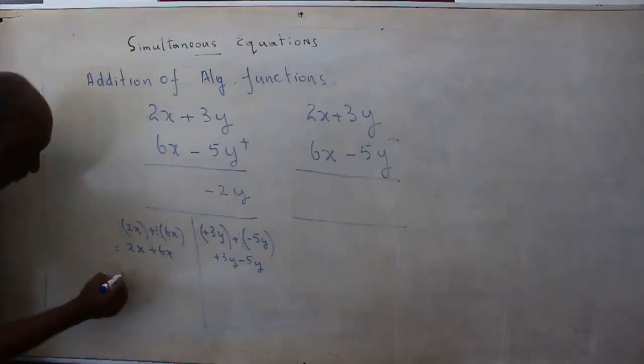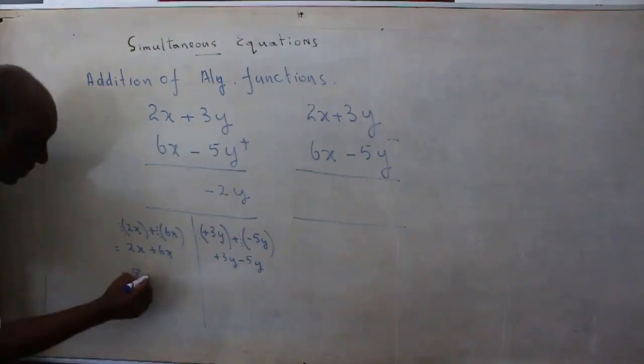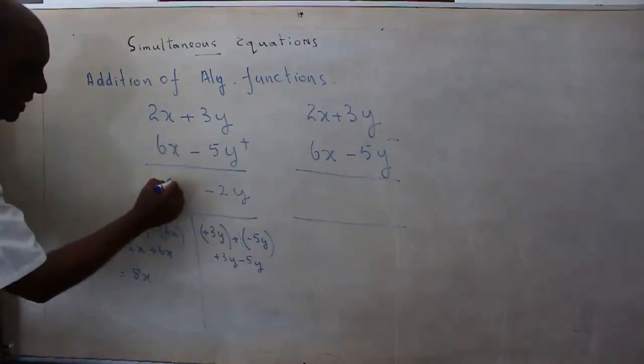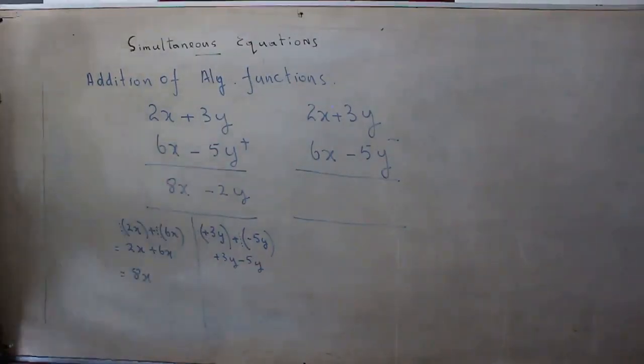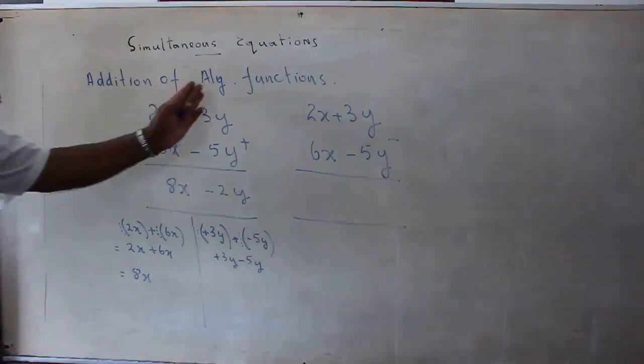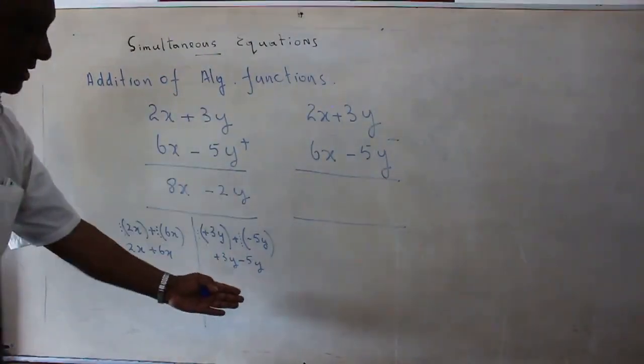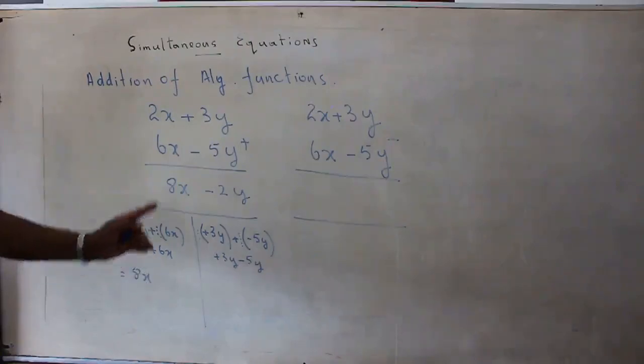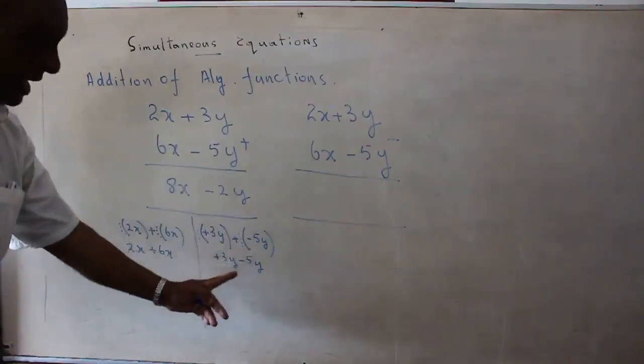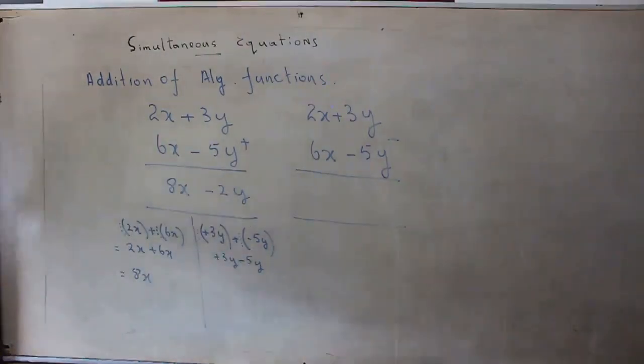That will become 8x. So the answer to that part will be 8x. You will take the y term separately, x term separately, but you will write in the bracket form and then get the answer. You will see the reason why when you proceed to the second question.